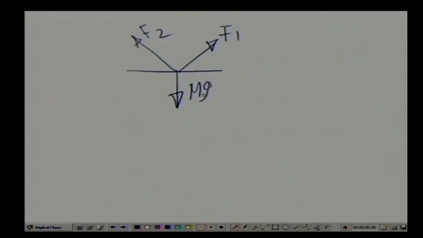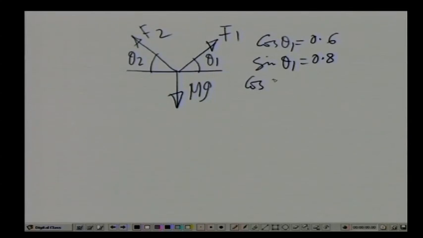Let us call that force mg. Now, this angle let us call theta 1 and this is theta 2. From the data given, you can compute cos theta 1 equals 0.6 and sin theta 1 equals 0.8, cos theta 2 equals 0.923 and sin theta 2 equals 0.385.